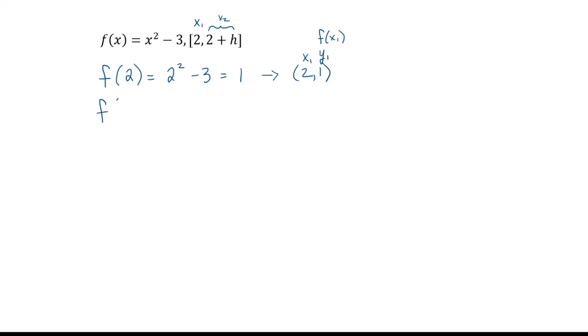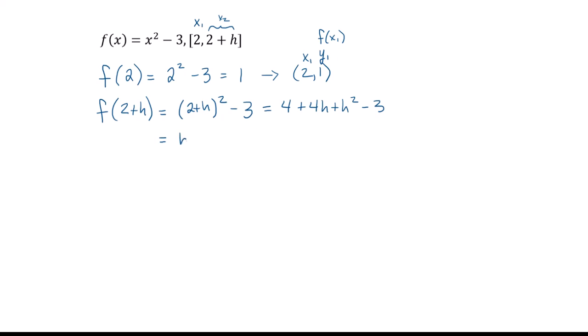Our next input is 2 plus h. So f of 2 plus h is, here's a time when it could be helpful to write this as a template. The input is 2 plus h, quantity squared, minus 3. We do have to simplify. I have 4 plus 4h plus h squared minus 3.